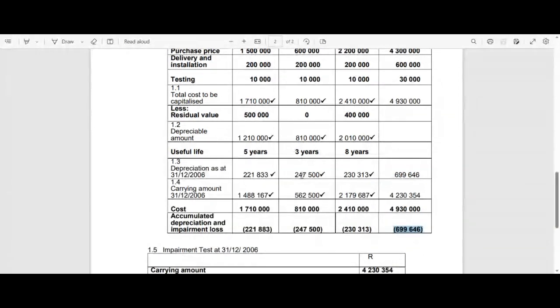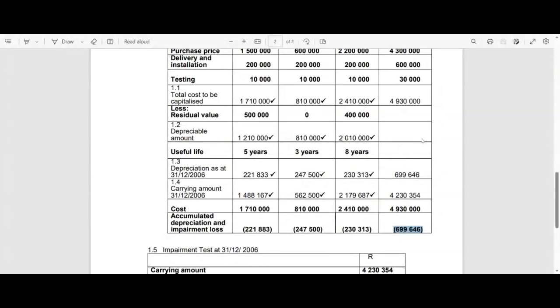So these separate components were just to make the depreciation calculation possible for us. Because if we didn't capitalize them separately, and did not calculate our depreciation on those components separately, it would have been a shambles, because they've got different useful lifetimes, they've got different costs, right? And each one is significant in its own right.